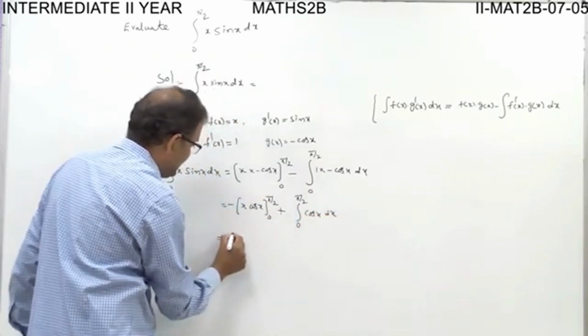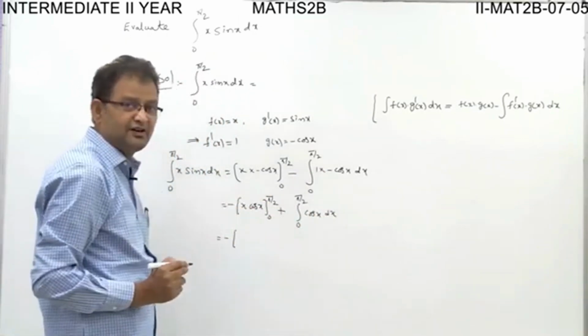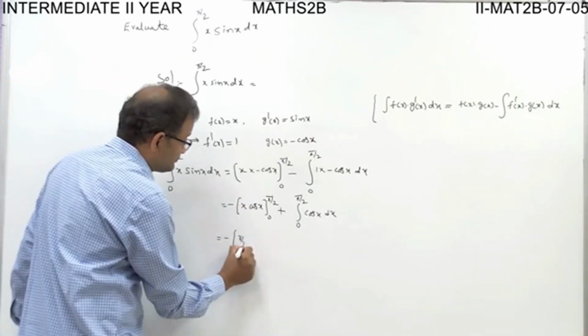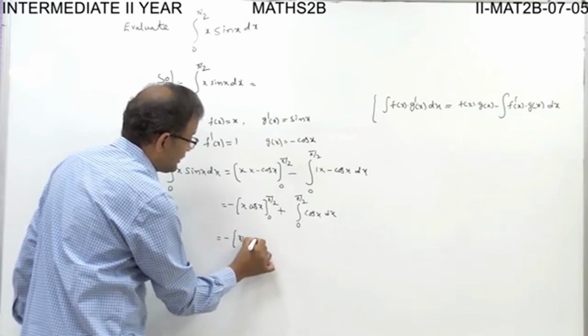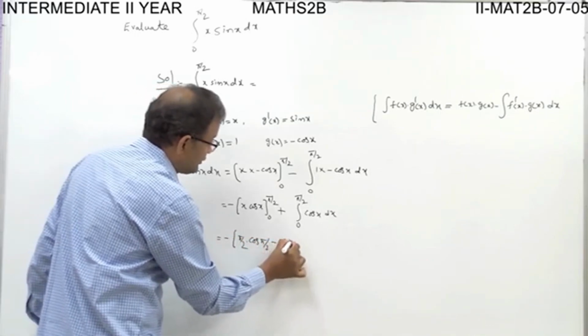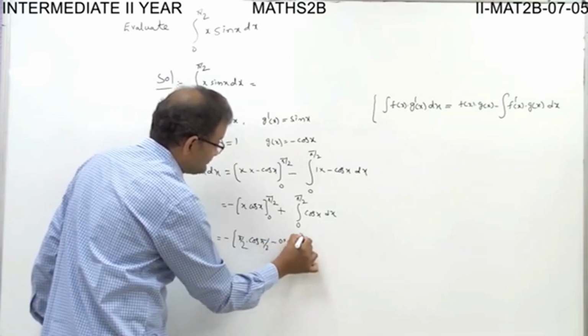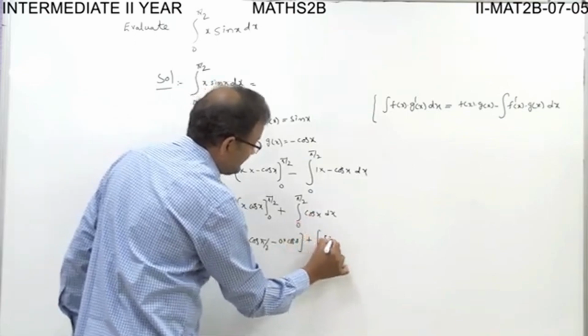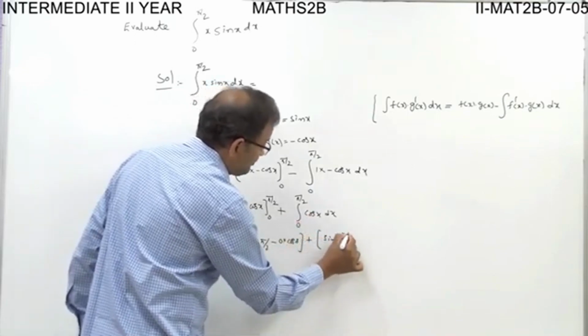That is equal to minus, here upper limit minus lower limit, pi by 2 into cos pi by 2 minus 0 into cos 0 degrees, plus integral of cos x, that is sin x, 0 to pi by 2.